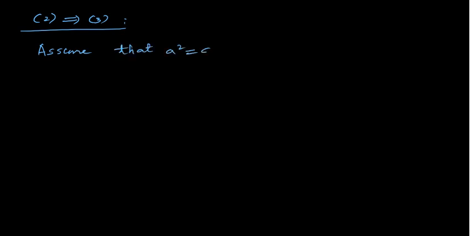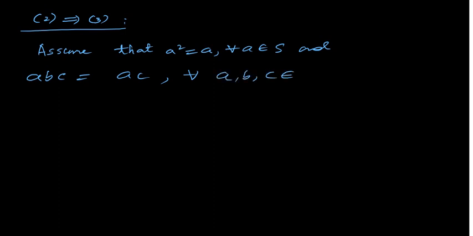Now second implies third. So second means assume that A square is equal to A for all A belongs to S, and ABC is equal to AC for all A, B, C belongs to S. So assume second holds.